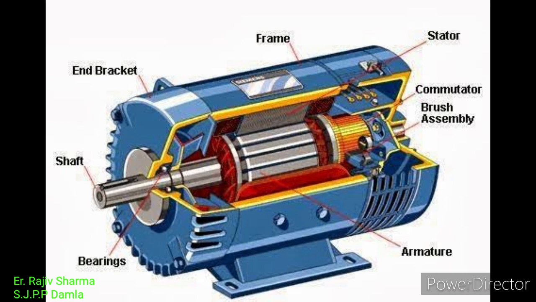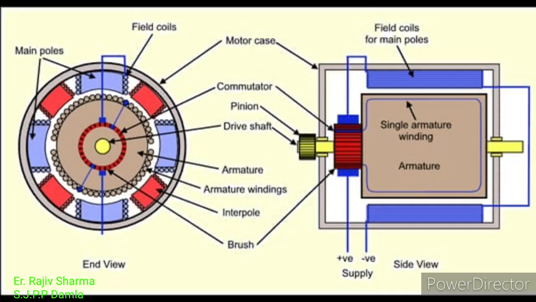In a DC shunt motor, the armature and the field coils are connected in parallel, whereas in a DC series motor, the armature and the field coils are connected in series. When we have both windings, a series connected winding and a shunt connected winding, that motor is called a DC compound motor.